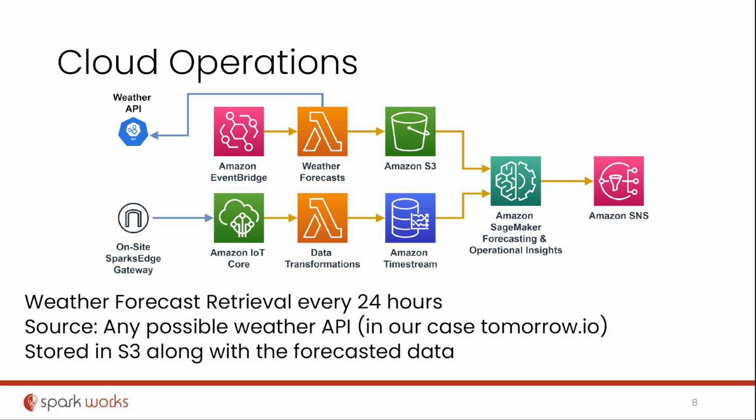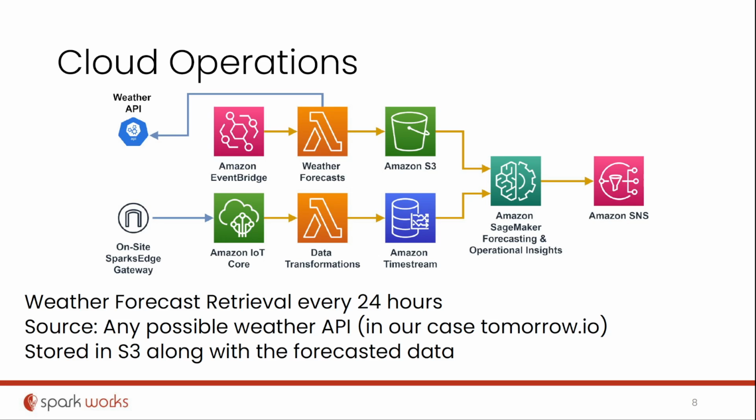In fact, in the cloud, we have two parallel lines of data flows. We have on top the weather forecast retrieval that is happening every 24 hours or in smaller intervals if we need to have this.